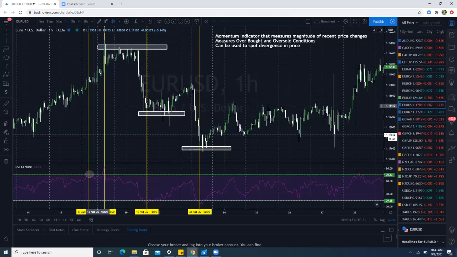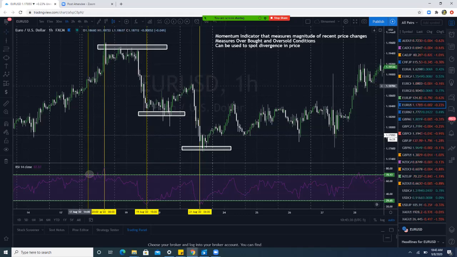If I see that price is in an overbought condition, I'm going to start to keep my eyes open. This merely tells me that price is getting ready to turn over.